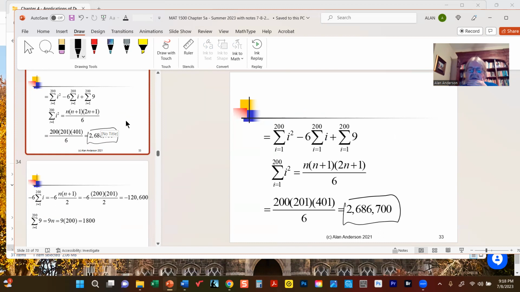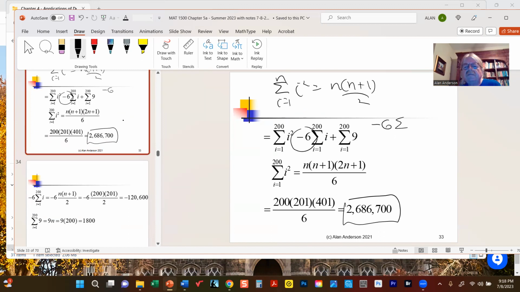Now for the next one, you might recall that the sum of the i's, just the sum of the i's, not squared, is n times (n plus 1) over 2. But because the 6 is here, negative 6, we'll end up with, no, sorry, this is just plain i.